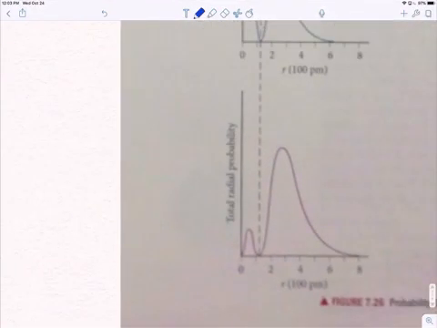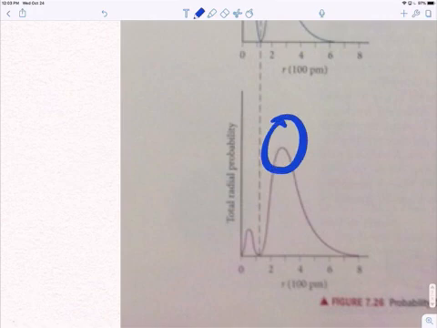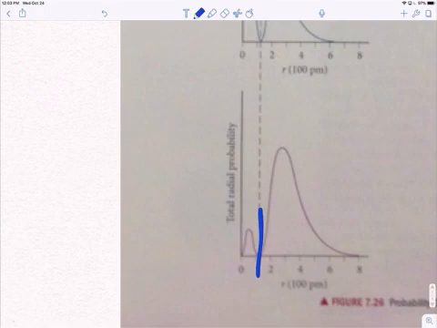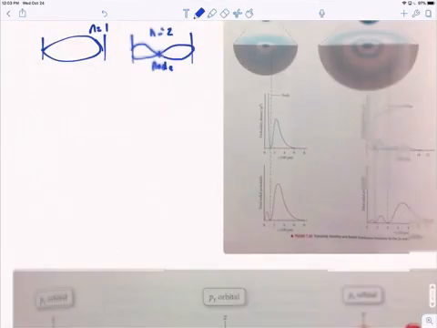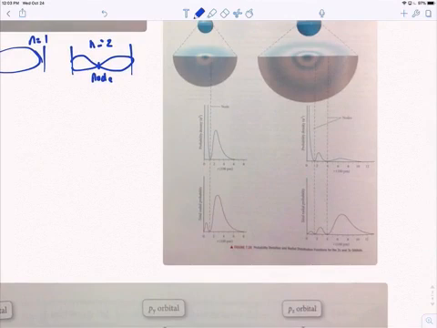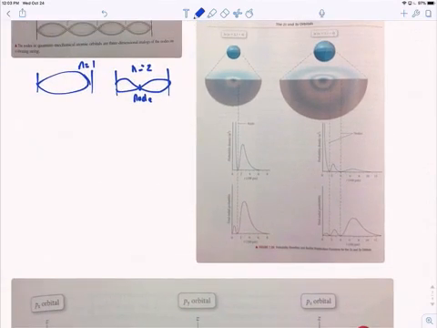The y-axis is the probability, the x-axis is the distance. There's a small peak and a bigger hump. This is where the electron tends to hang out, but there is a node right there. The 3s is going to have 2 nodes. So maybe you can start to notice the number of nodes is the principal quantum number minus 1.